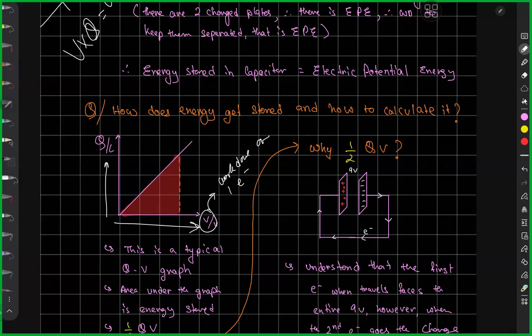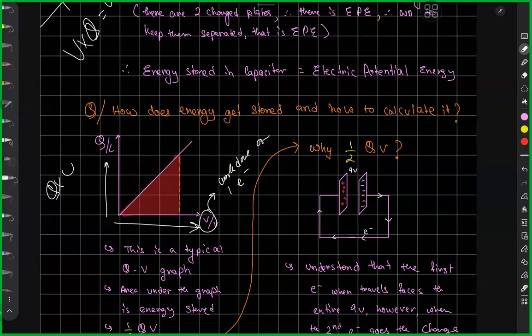So what is the total work done? The area under the curve. You are right to say that it is Q times V. You're absolutely right to say that.